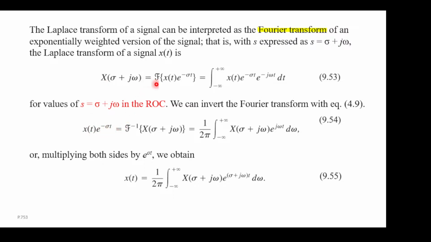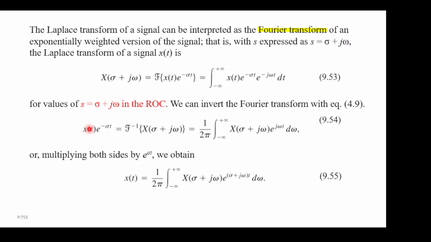Then you write down the equation. The inverse Fourier transform is 1 over 2 pi, integral over omega from minus infinity to plus infinity, of your big X at sigma plus j omega inside your ROC, times e to the j omega t. This is just doing the inverse Fourier transform.